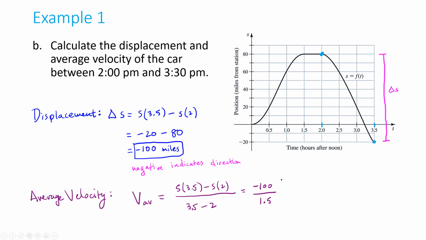Okay, so that's an average velocity of about -66.7 miles per hour. And again here the negative sign indicates the direction he's traveling.